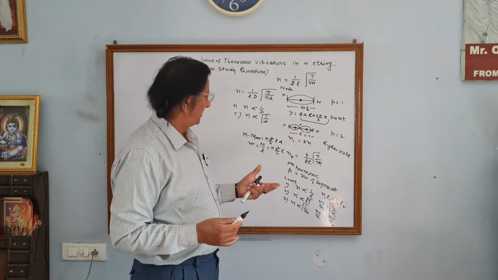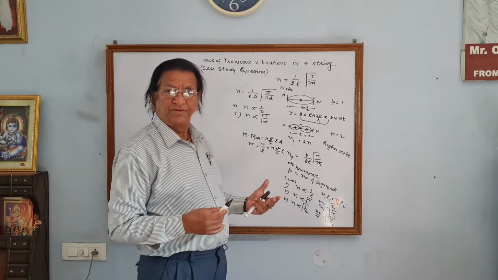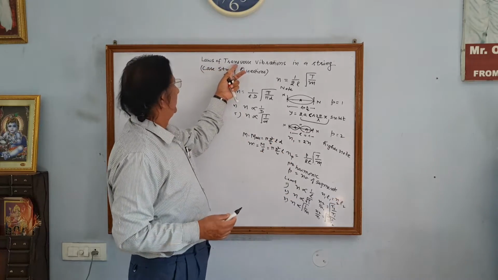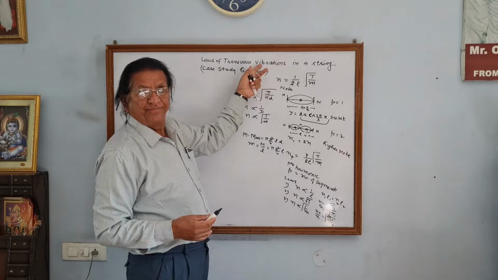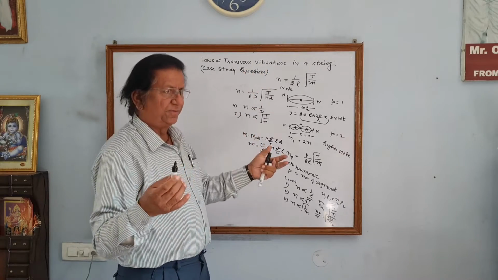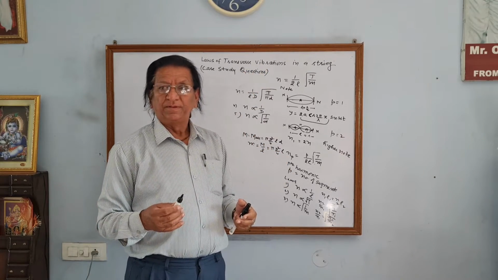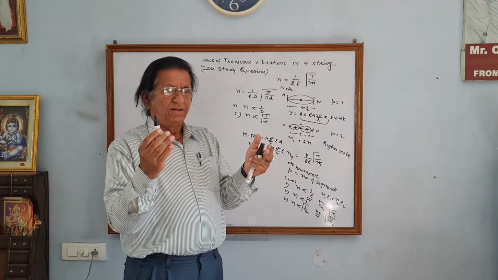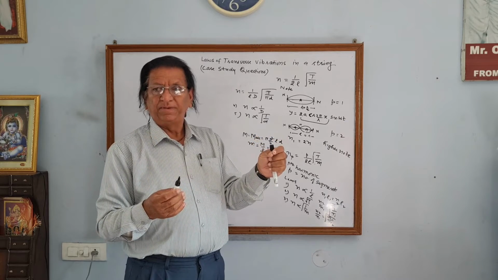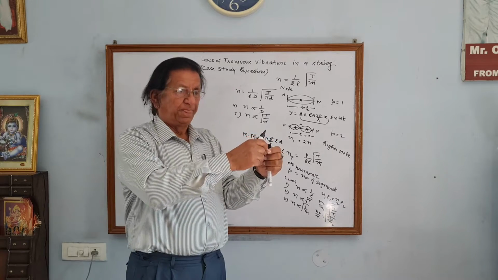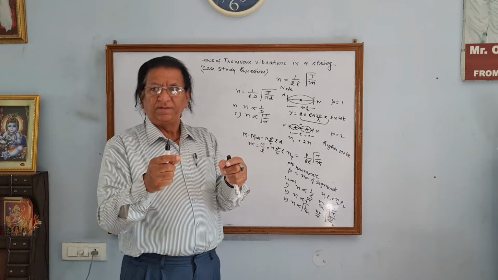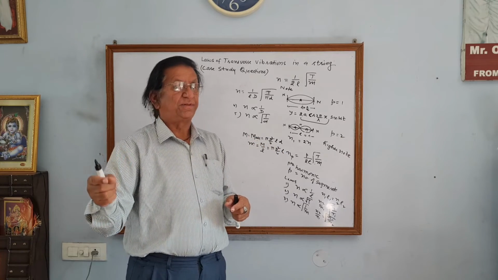Okay, so these are the laws which govern the transverse vibration in a string. The instrument I told you about yesterday, the sonometer. In a sonometer, there is a wire. There was one block on one side where the wire was fixed, and then 2 wedges were there. Then the free end passes over the pulley.